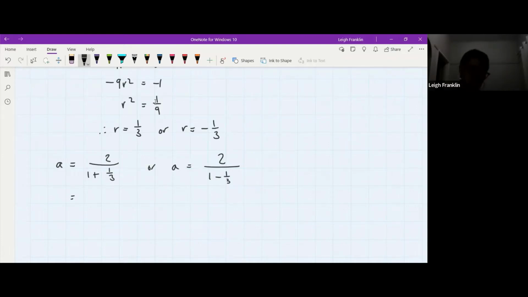Okay, so let's work that out. Okay, so A is equal to 3/2.